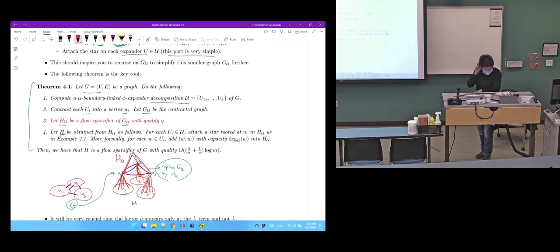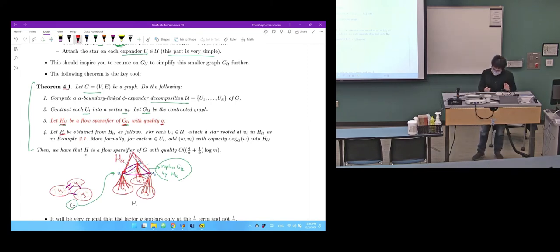So that's the construction for this main theorem. The claim is that, because we don't use GU but HU with quality Q, the quality is not 1, it's Q, which is worse. You need to pay quality Q somehow. It's not going to be a better sparsifier for sure.